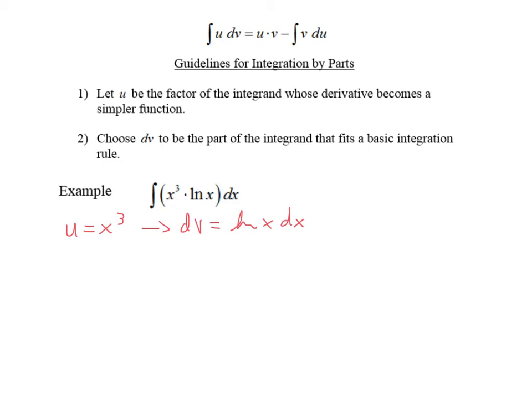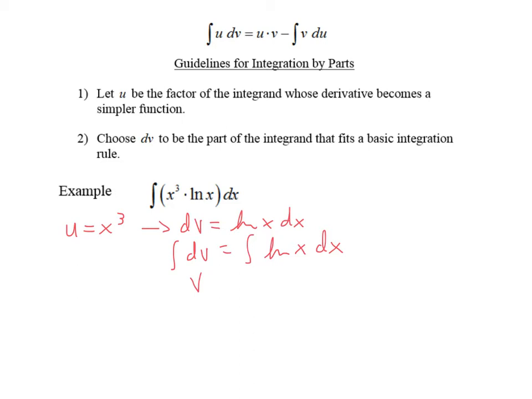And here's where the problem lies. If we take the antiderivative of both sides, we've got a little problem here. We haven't learned what the antiderivative of the natural log of x is. So this is going to hold us up here. We really can't do anything with this. So what should we do?